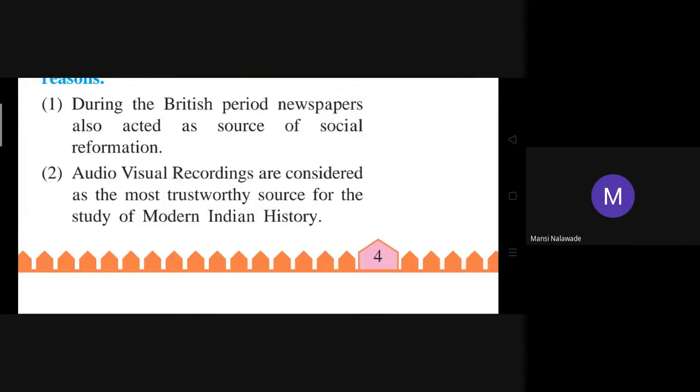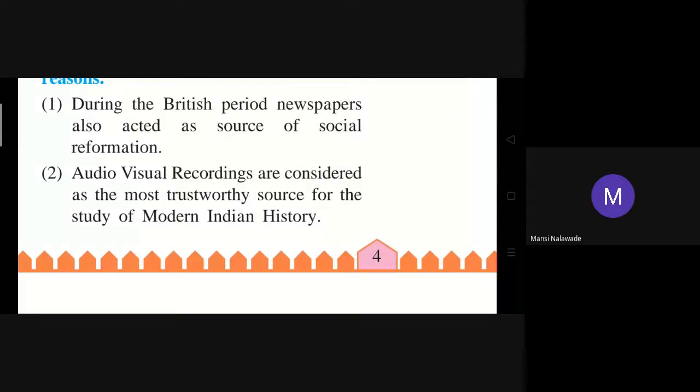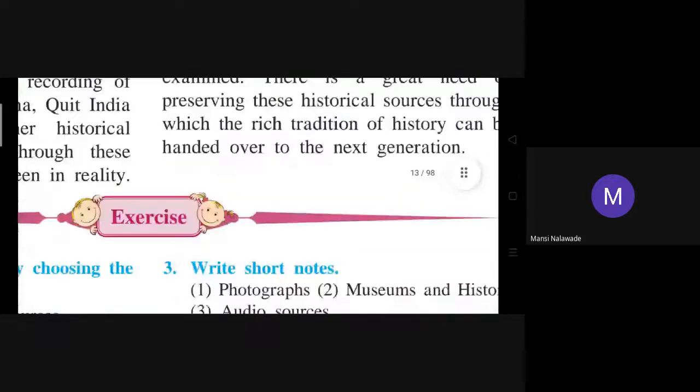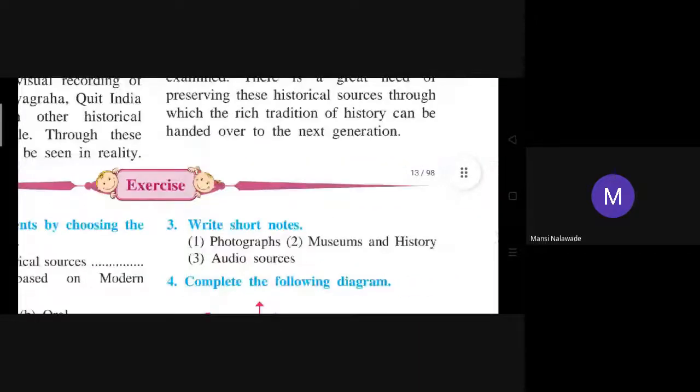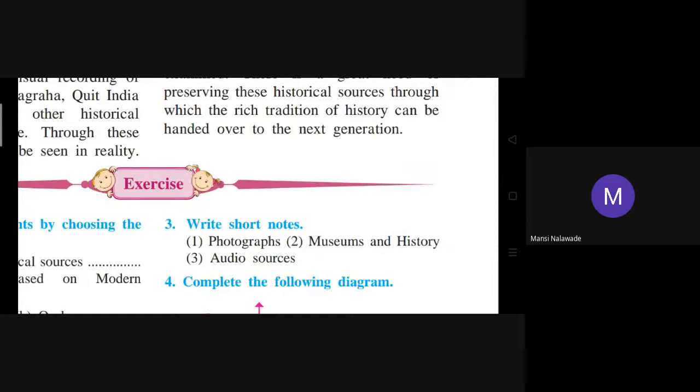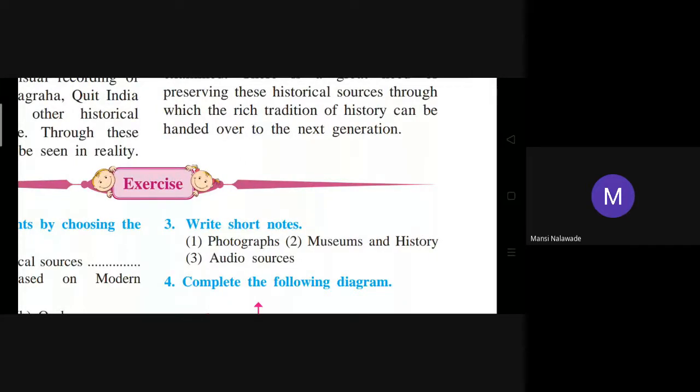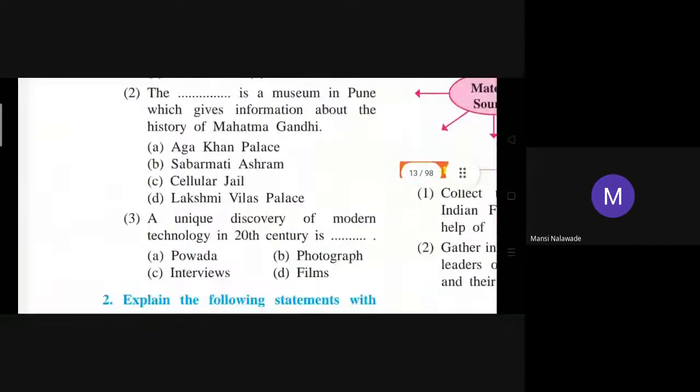So I think there was a problem with my network only. So yes, it was breaking. That's what I was asking. Okay, Mansi, please continue with the second one only.